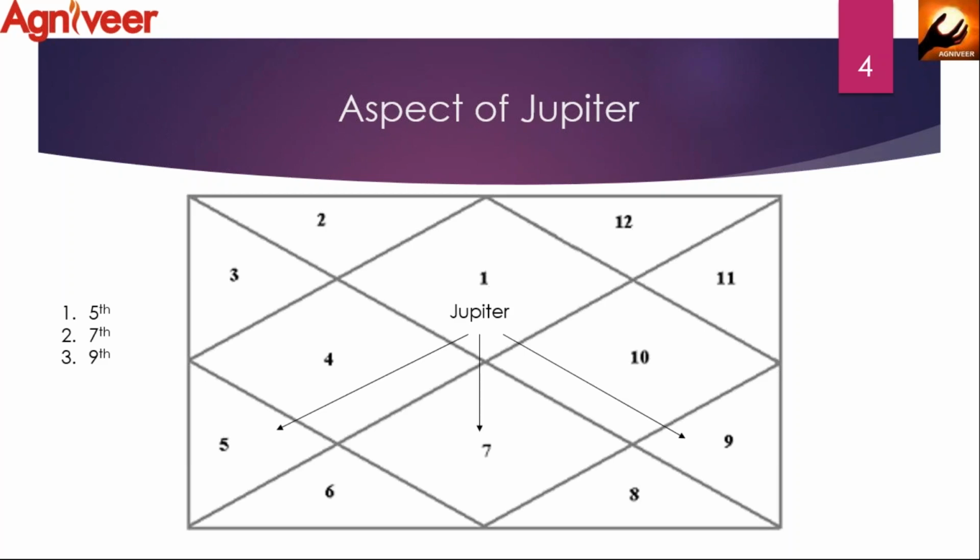Because after you are born, your family comes, because you become part of your family. A new member has joined the family. So for that reason, second house comes after the first house, and those properties of second house are there. So if Jupiter is deposited here, it will be aspecting 6th, 8th, and 10th.